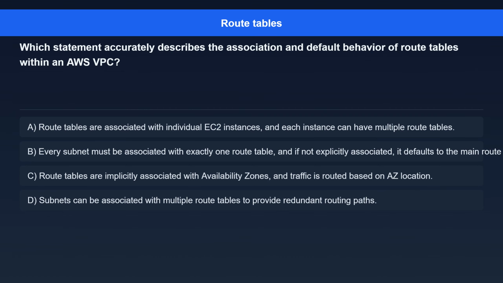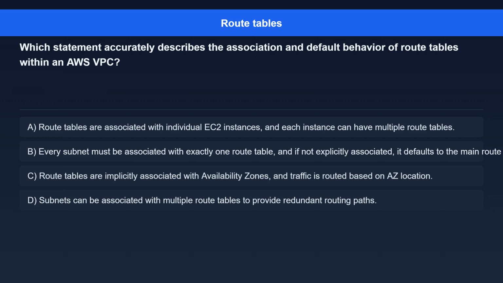Question 6. Which statement accurately describes the association and default behavior of route tables within an AWS VPC? Option A. Route tables are associated with individual EC2 instances, and each instance can have multiple route tables.